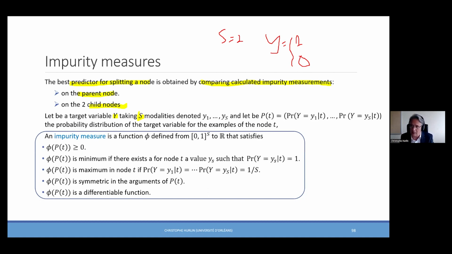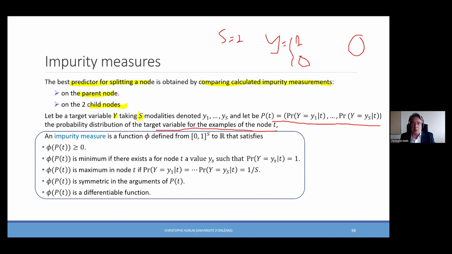But let me reduce the problem to S equal to 2. P_T is the distribution of the target variable at the node T. So we have a distribution of y at a given node.